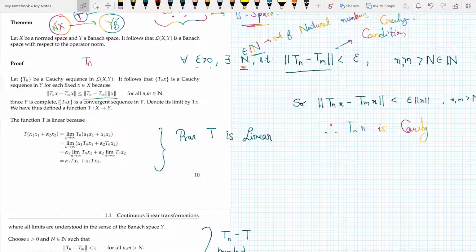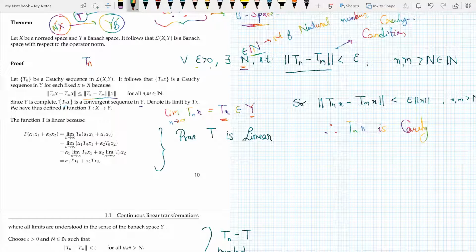It means that if I have any Cauchy sequence, then this Cauchy sequence converges to a point which lies in my space Y. Let me put it this way: the limit as n tends to infinity of Tn x is equal to Tx, and this Tx lies in my space Y. Tx belongs to space Y. This is what I mean when I say that my space Y is complete. I take any Cauchy sequence, I take the limit of it, and the limit lies in the set.